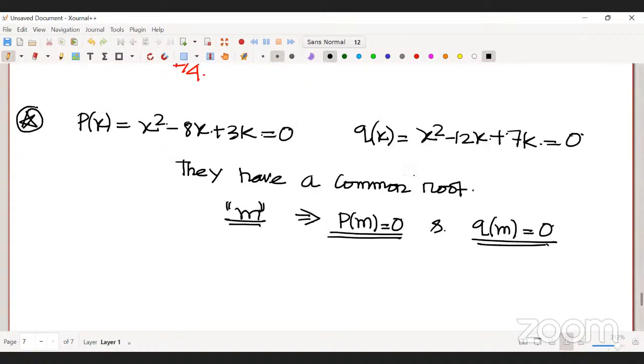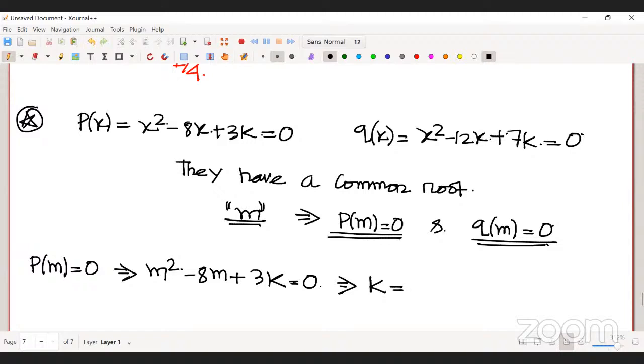So if P of m is 0, that means m square minus 8m plus 3k is 0, right? That means k is equal to 8m minus m square by 3, right? This is the value of k.